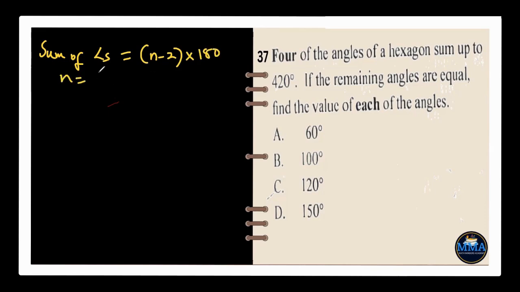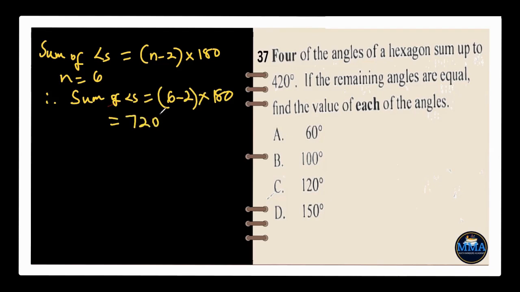Here, n is 6. Therefore, sum of angles is 6 minus 2 times 180. That will give us 720 degrees. So now, out of the 720, let's remove the 4 that are already summed up.